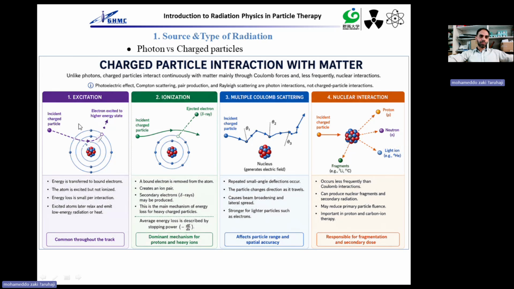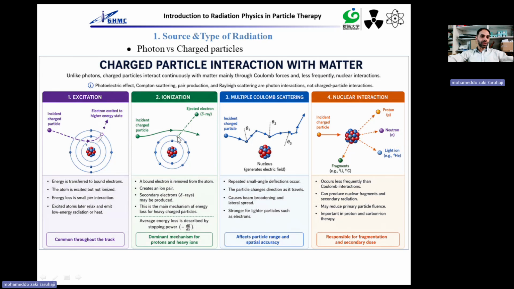And ionization, before I go to ionization, I should mention that this excitation happens more in the beginning of our Bragg peak. Ionization is when the electron is removed from the atom and creates a hole.